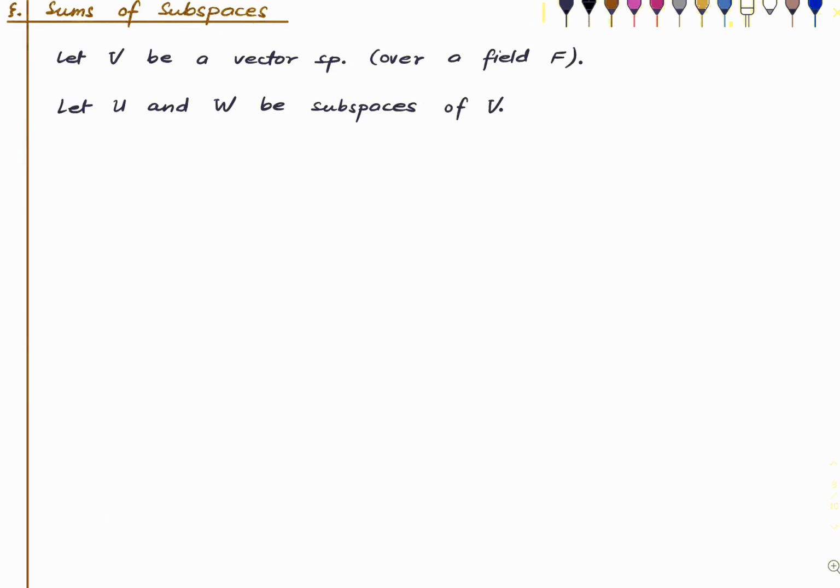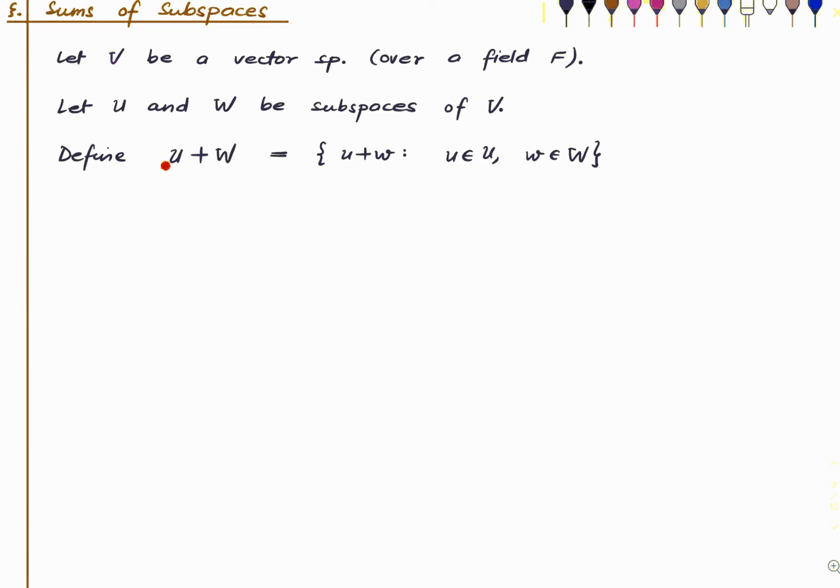Finally, sums of subspaces. We could have discussed this in the examples portion, but let's do it separately. So fix a vector space V over a field F, and suppose we have two subspaces U and W of the vector space V. Define U plus W as all the vectors of the form u plus w, where you pick the first guy from U and the second guy from W. So this plus has nothing to do with any plus that we have seen before.